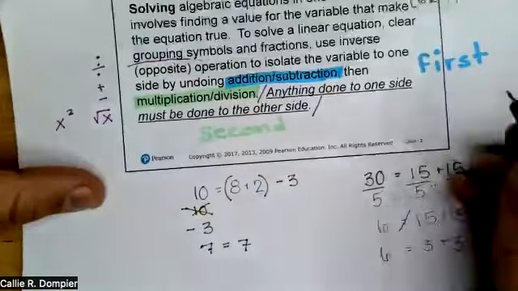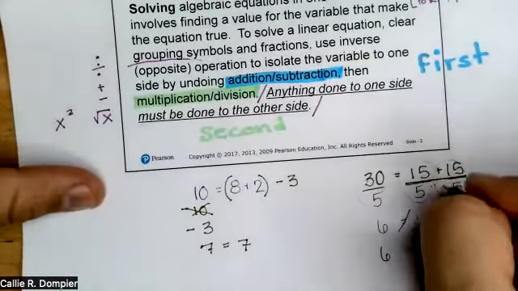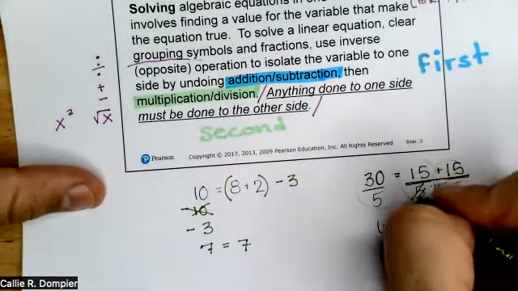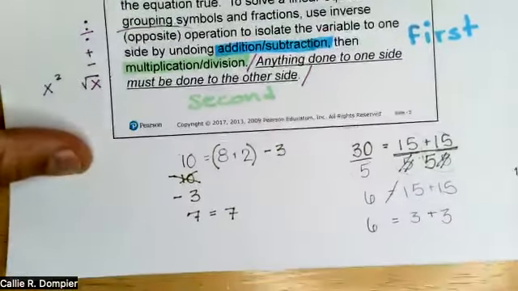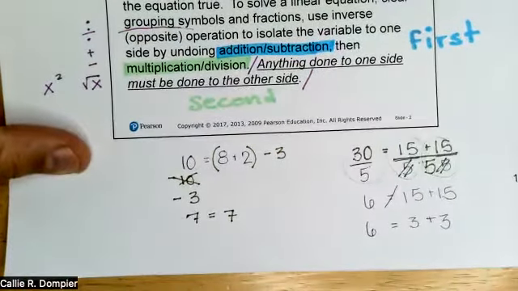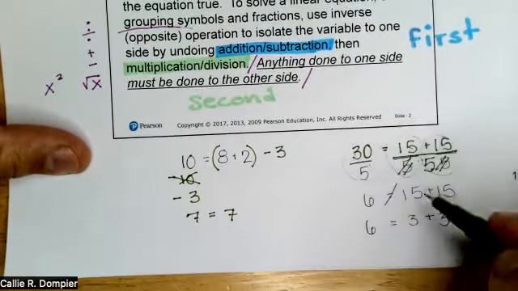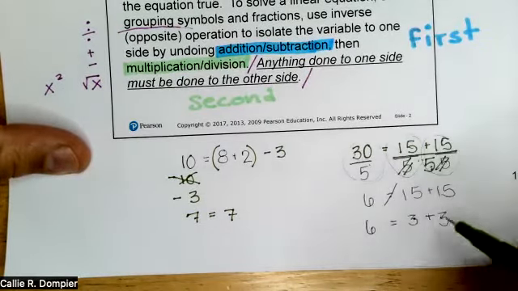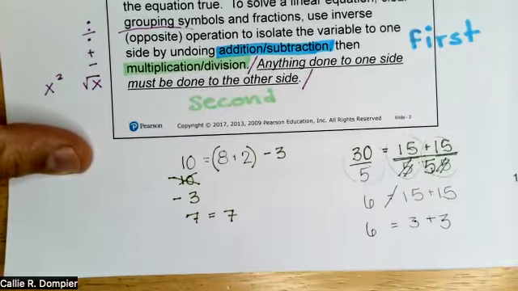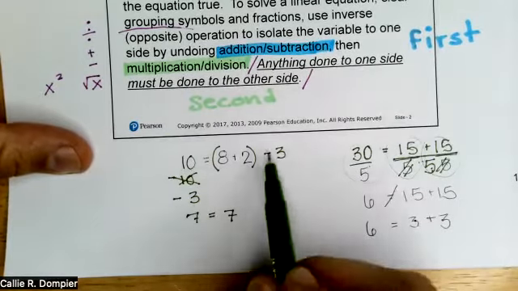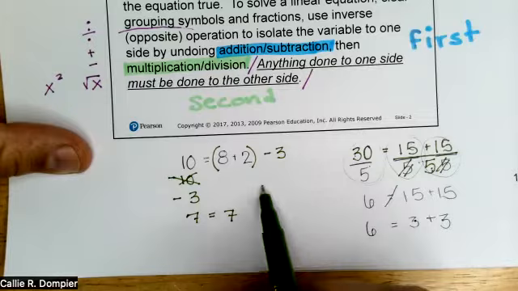So it would probably be better to write this as 15 plus 15, divided by 5. So I'm only doing it one time per side, just to be clear. 15 divided by 5 is 3. 15 divided by 5 is 3. So if I subtract 3 over here, I subtract 3 from the whole thing over here.